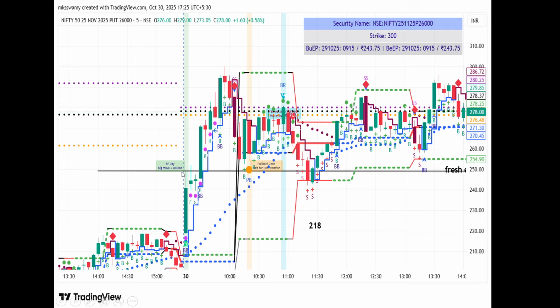The range is between 250 to 218. So you know the range. Anywhere between this range, any dip also you can buy, and reversal above this level, that is 243, you are having a bullish bias on the put option.